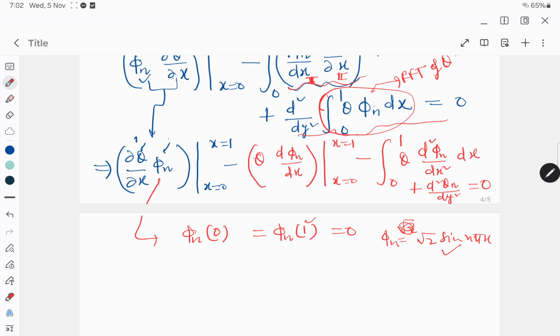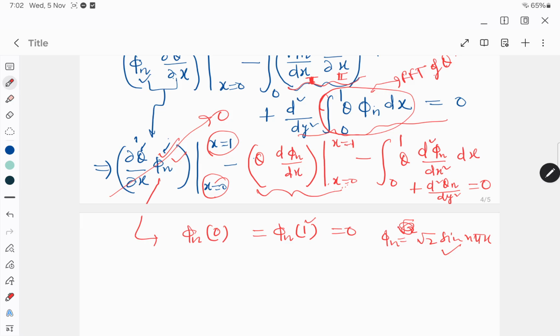So this term will go away, it will vanish. Now the second boundary term, the boundary values at x is equal to 0 and x is equal to 1, these are called the boundary terms.